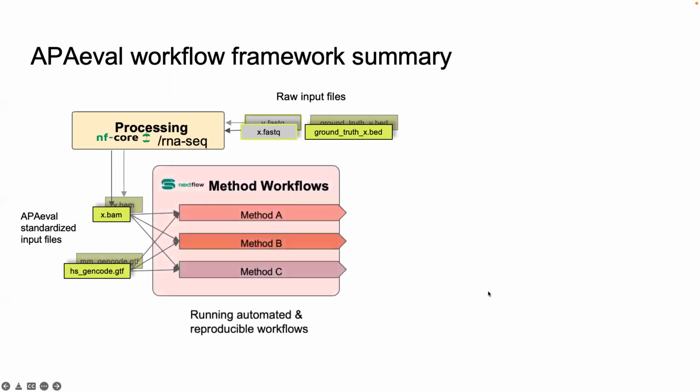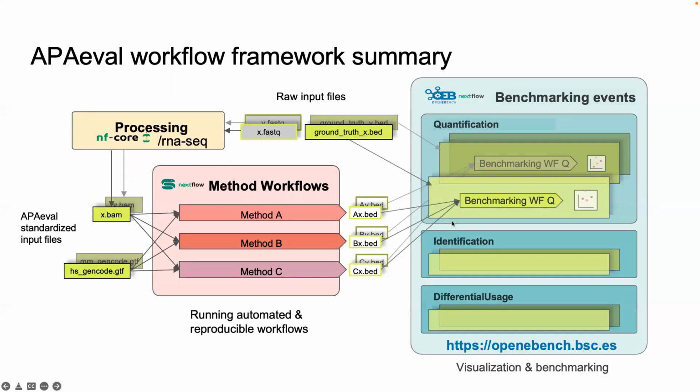And these input files are then fed through the automated method workflow for each tool. The output file format for all the workflows is a BED file that, together with a ground truth raw input file, are fed to the benchmarking events to be compared against. Here, multiple metrics are used to evaluate each tool, and the tools are then benchmarked and visualized on OpenEbench.